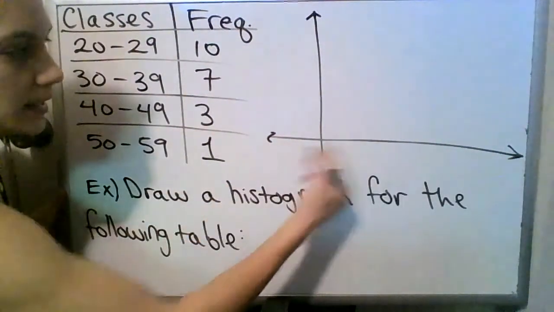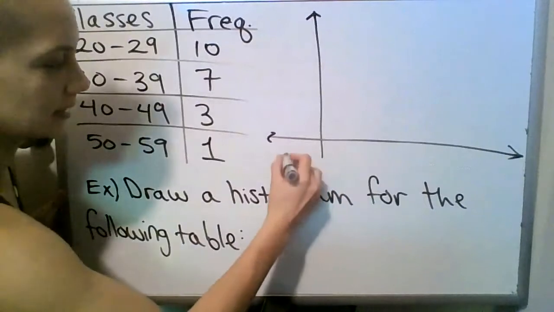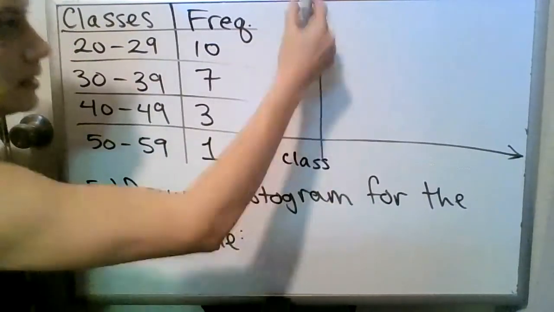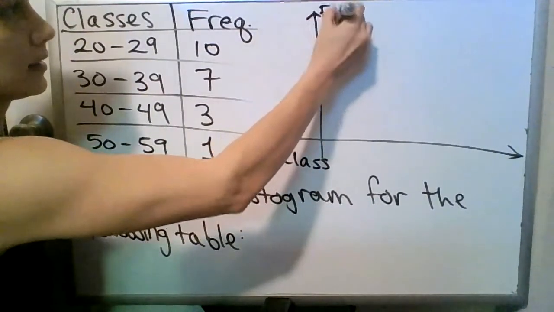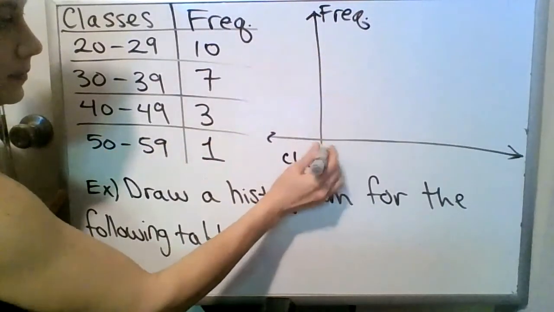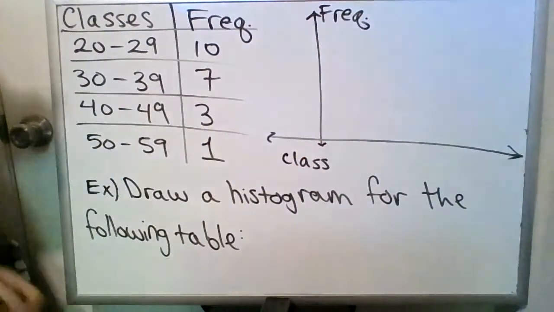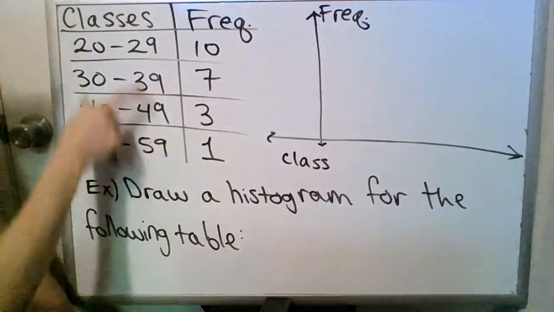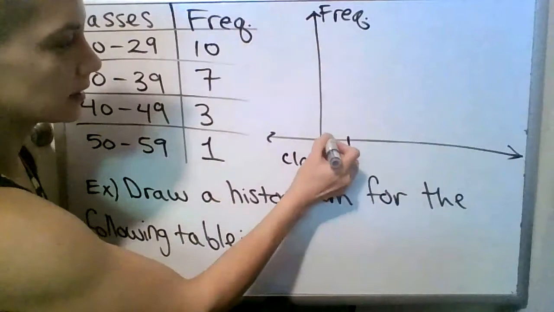Okay, this way I like to put the class, and this way frequency. And I'm going to put a little space here.